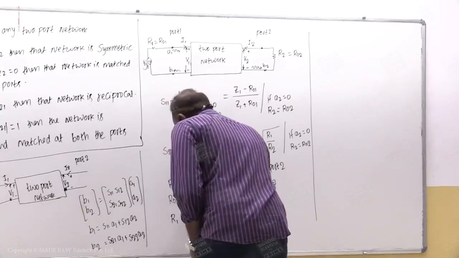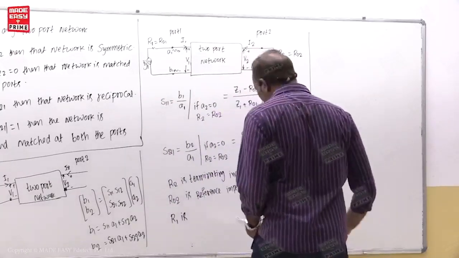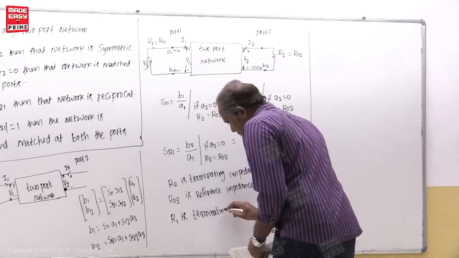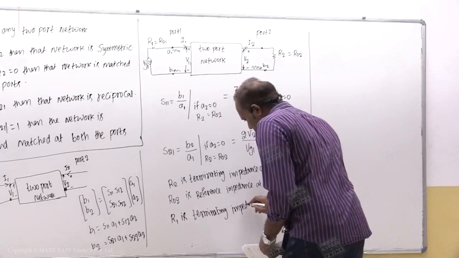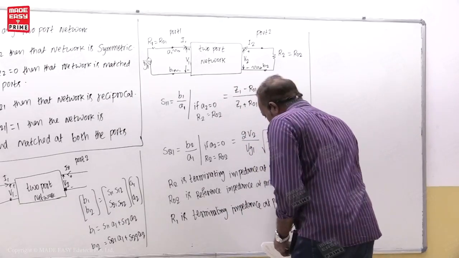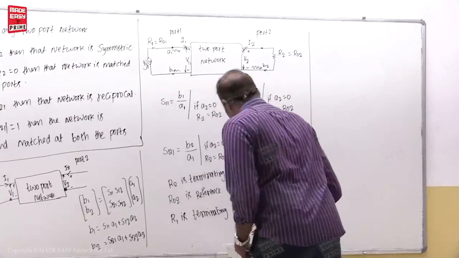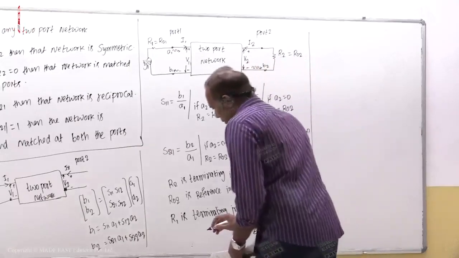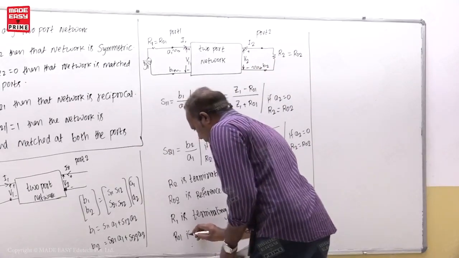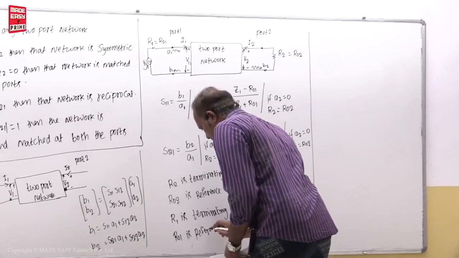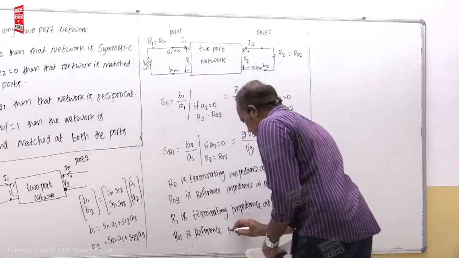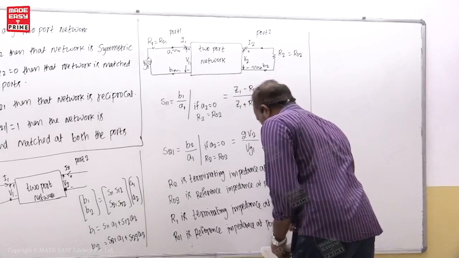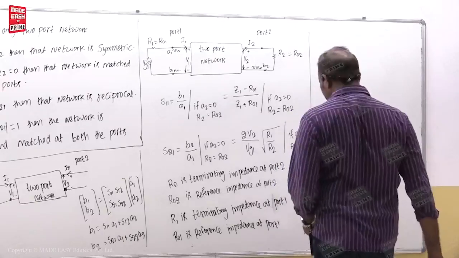R1 is the terminating impedance at port 1 and R01 is the reference impedance at port 1.